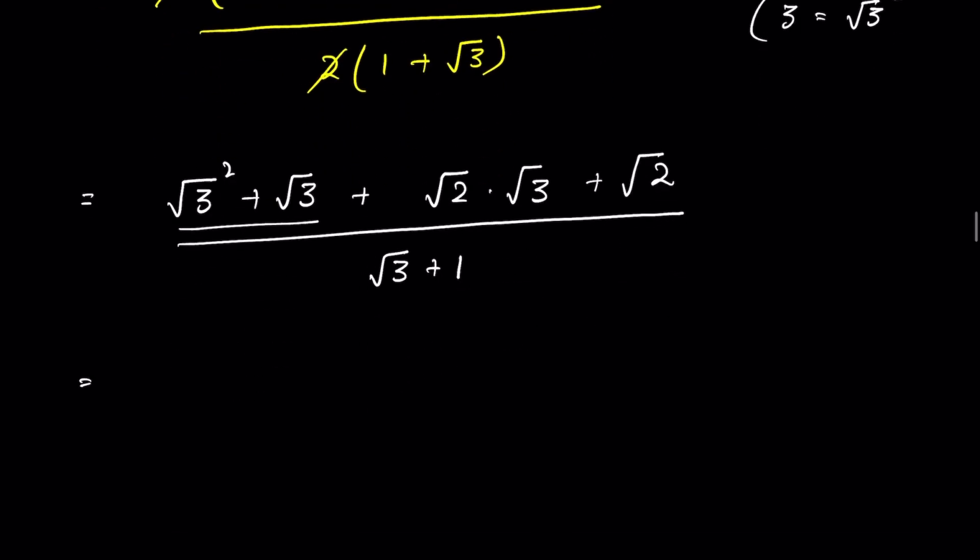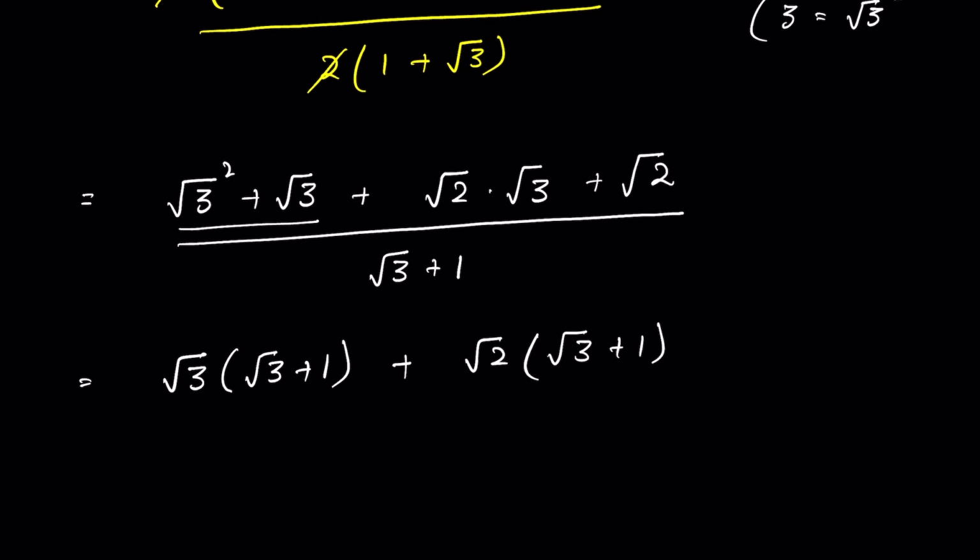Now here we can take square root of 3 common, so square root of 3 (square root of 3 plus 1), plus, here we can take square root of 2 common, so square root of 2 (square root of 3 plus 1), upon square root of 3 plus 1.